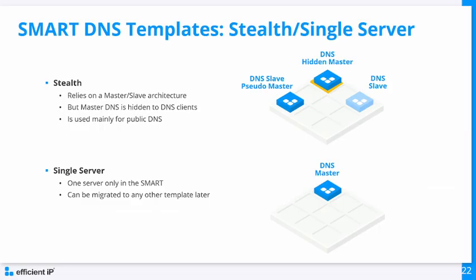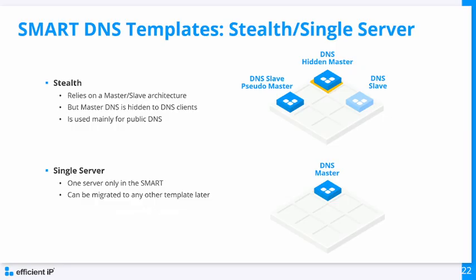So this is like a decoy. I'm cheating you, right? I don't tell you who is my master. I tell you one of the slaves is the master. So when an attacker wants to attack the zone and queries the NS record, they will get the NS record which is the slave. And when they go to the slave, they cannot perform any update. Understand?